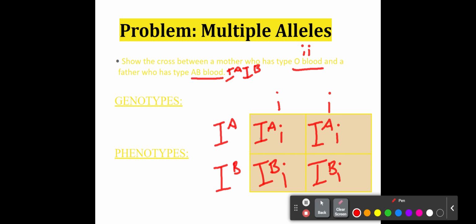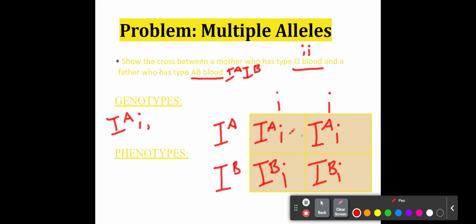But what makes it a little bit more complicated than what we've been doing is that now we have this codominant feature, and we do technically have multiple alleles going on here. We have A, B, and O. So our possible genotypes are capital I with the superscript A, indicating that this is our A allele, and then lowercase i representing that this is our O allele.